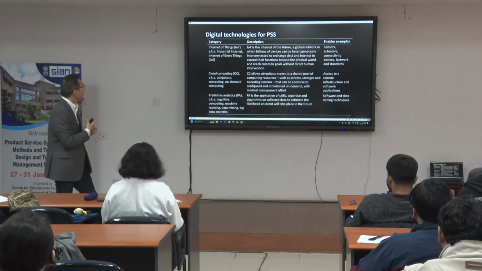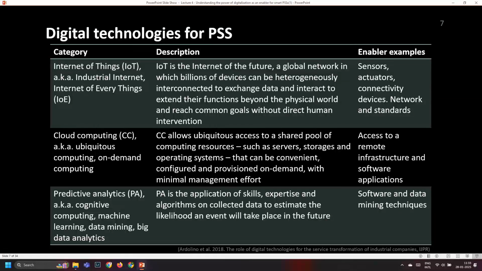So in that way, I think it's quite straightforward to understand what are the essential technologies needed for PSS and PSS design. And I think if you look at the right-hand side, it's quite straightforward. What are the enablers?